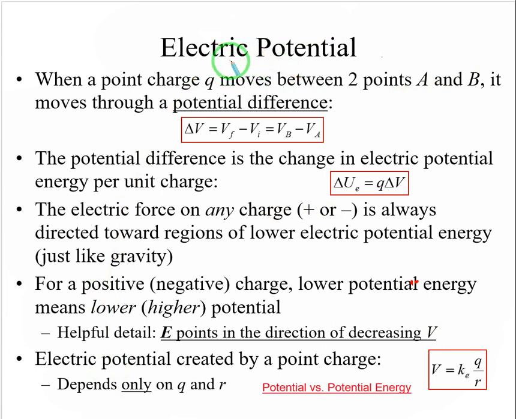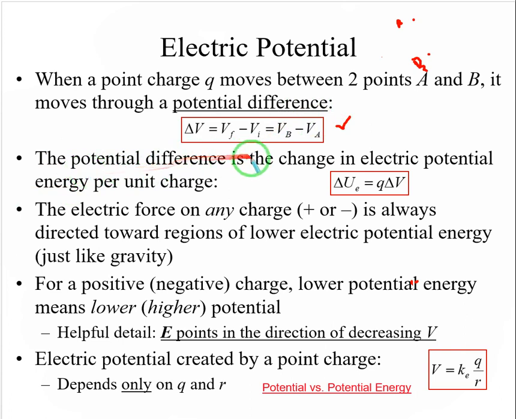Now coming to the electric potential between 2 points. When a point charge q moves between 2 points, A to B, let's say this is your A, this is your B, it moves through a potential difference, or delta V, which will be Vf minus Vi, or we can say Vb minus Va. This is the simple definition of potential difference as I told you before.